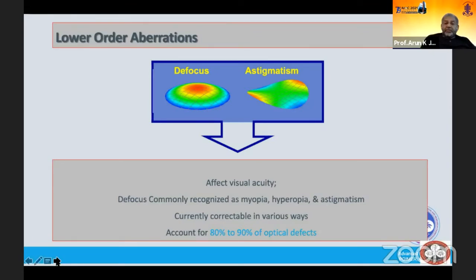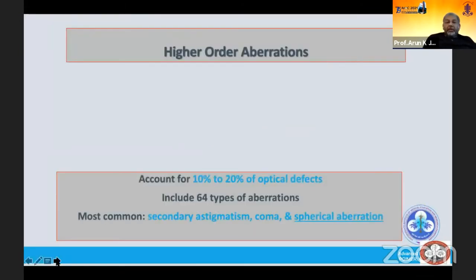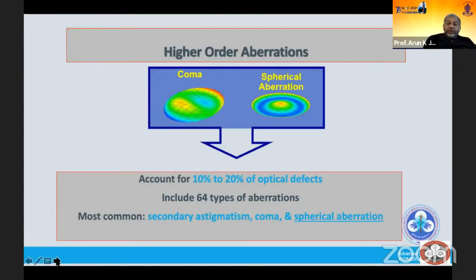They are correctable in many ways and account for 80 to 90% of optical defects. Higher order aberrations, the commonest being secondary astigmatism, coma, and spherical aberration, account for 10 to 20% of the optical defects.